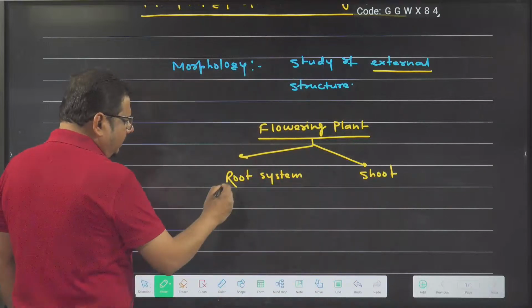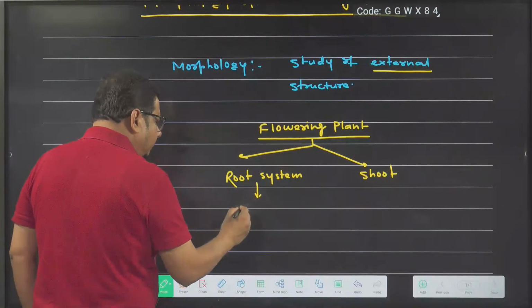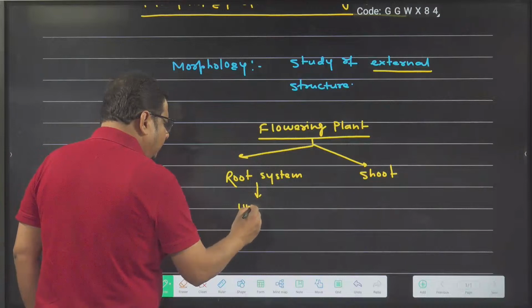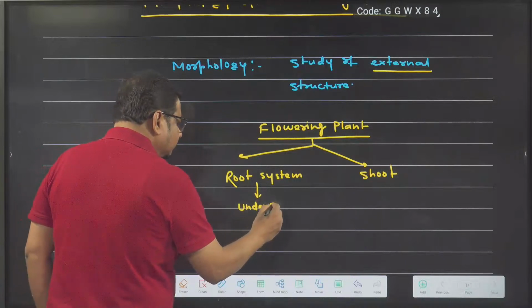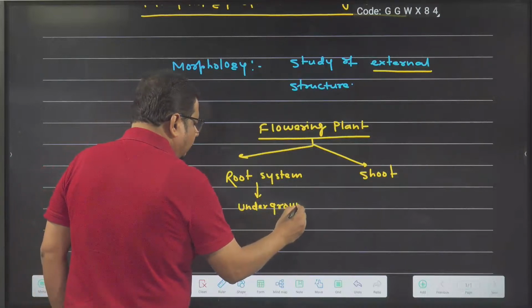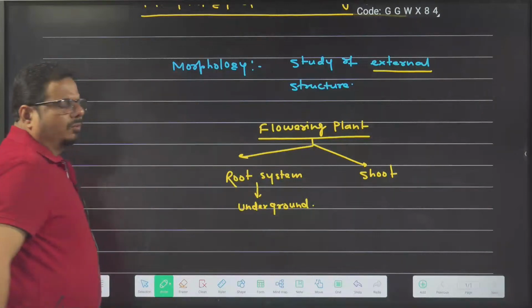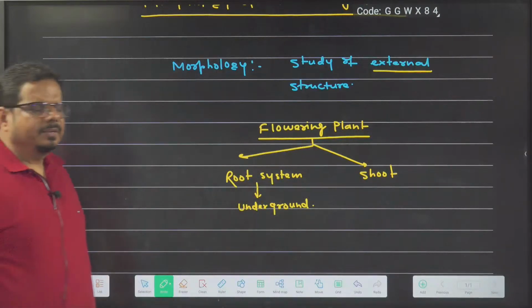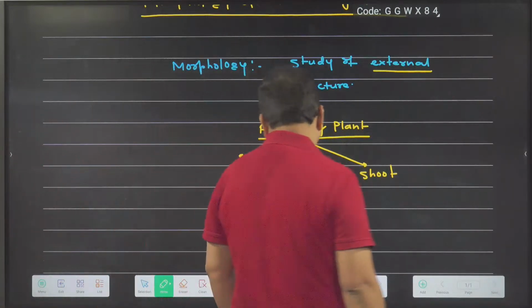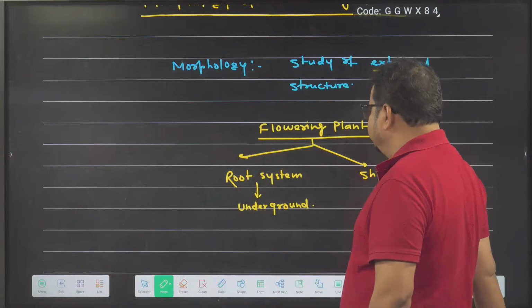So usually the root system, what is it basically? Underground part. It is underground. It is below the soil. So the part of the flowering plant which is present below the soil is usually called the root system.